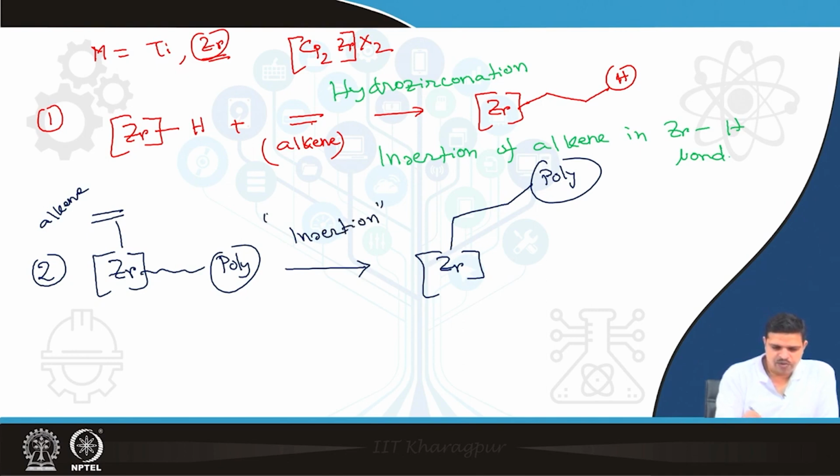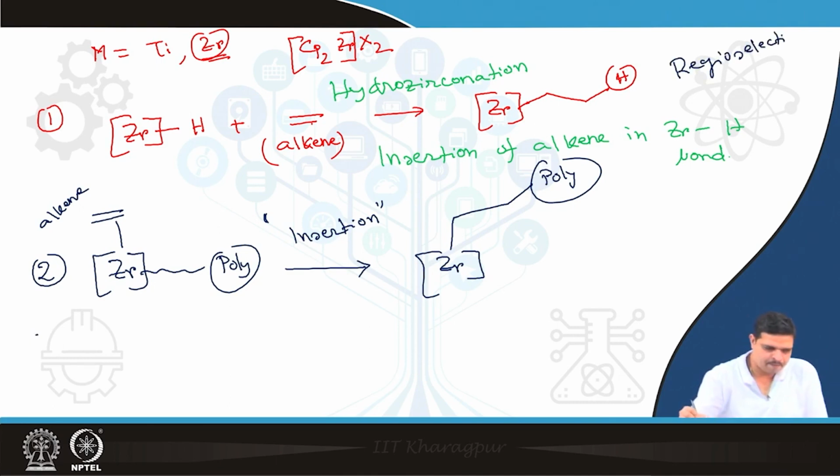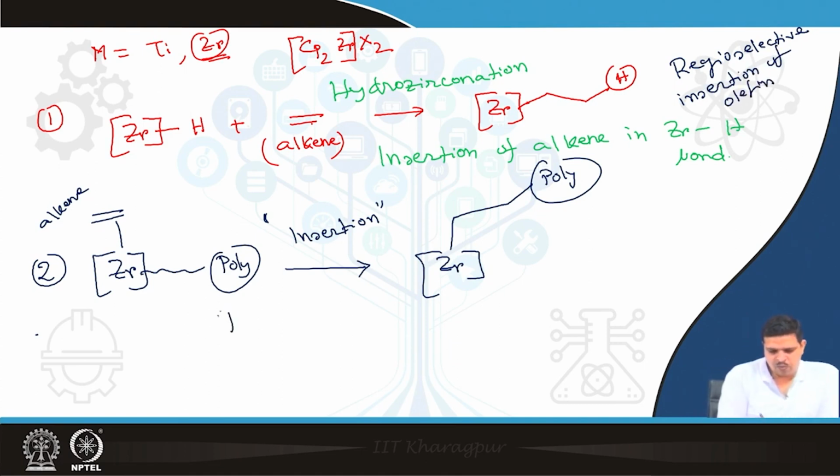So these zirconium bent metallocene compounds are very unique in regioselective insertion of olefin, and here the polymerization.